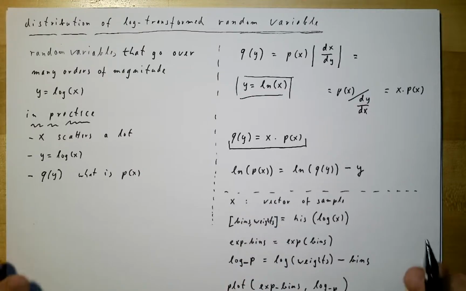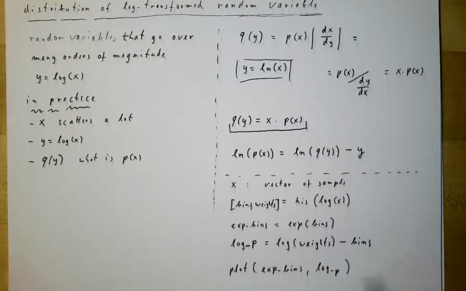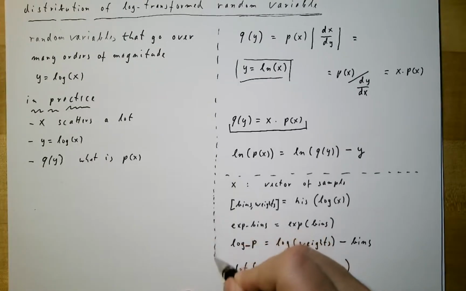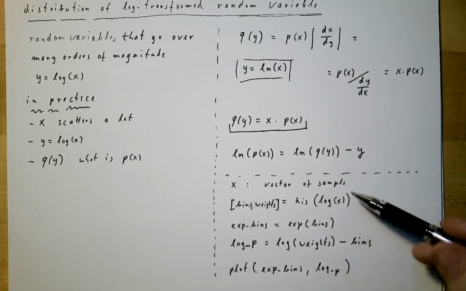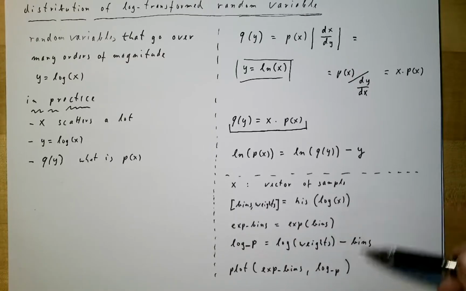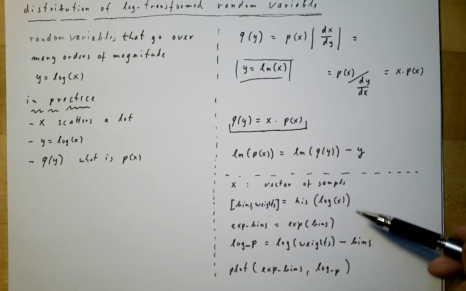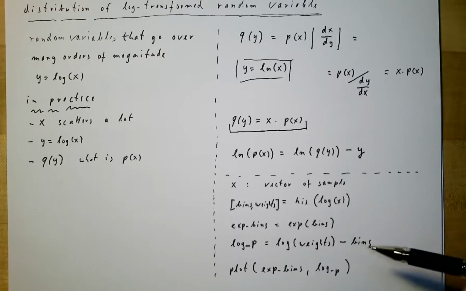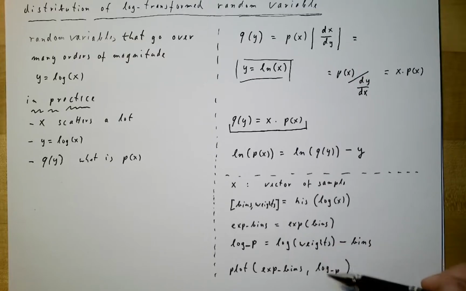This is in one of the homeworks where you use the log transform, something like this. This could be the base of the code you use in order to obtain the histogram of a log transformed variable.